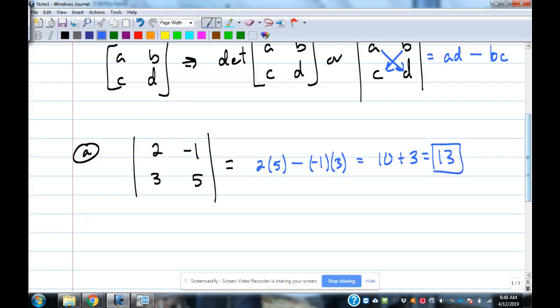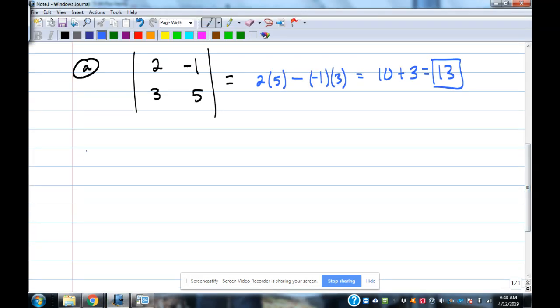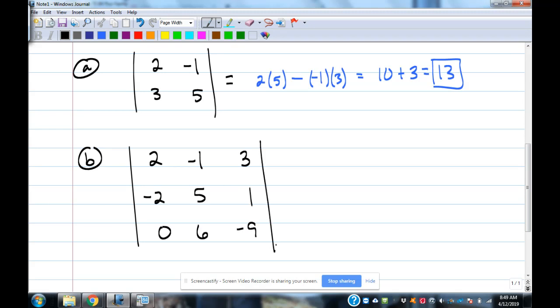Now, get to a larger matrix, maybe a 3 by 3: 2, -1, 3, -2, 5, 1, 0, 6, 9. Now, there are methods for doing this by hand. If you want to know any of those, feel free to ask me on a work day, and I will gladly show them to you.